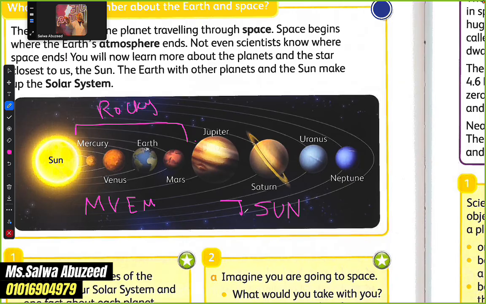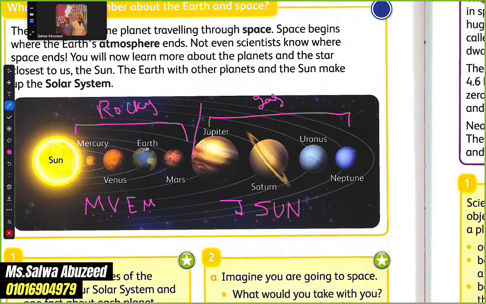This is a word I made up to remember the arrangement of the planets. Mivam: Mercury, Venus, Earth, and Mars. Inner planets, which are rocky. Then we have the gas giant planets. They are J sun: Jupiter, Saturn, Uranus, and Neptune. Easy to remember? Yep, you're just going to say Mivam, J sun.